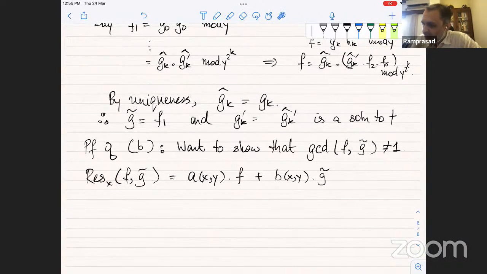When we go mod y^(2^k), what do I know about f? We kept lifting, so I know f is equal to gk times hk. So I'm going to remove this x comma y business. This is equal to gk times hk plus b times g tilde, which was equal to gk times gk prime.